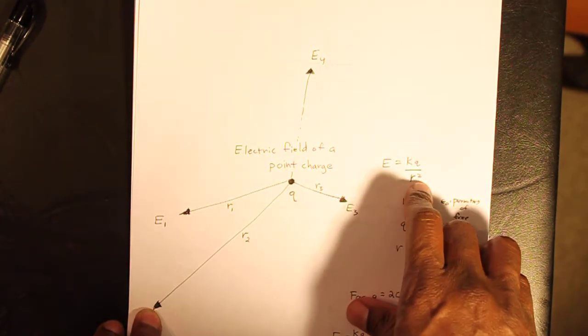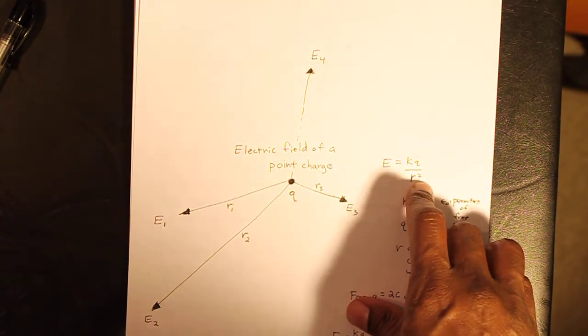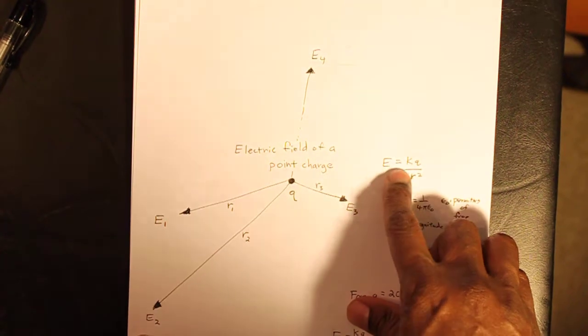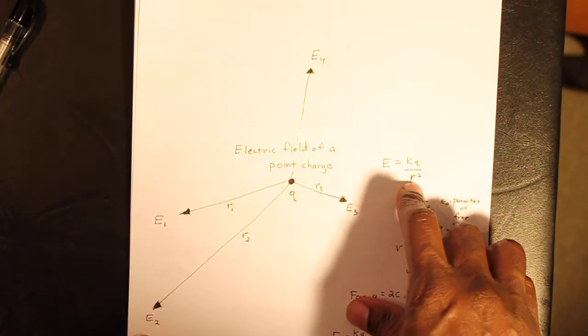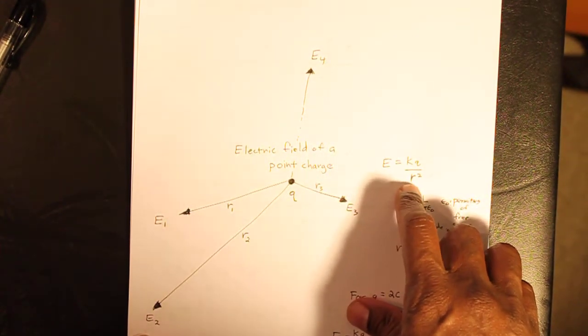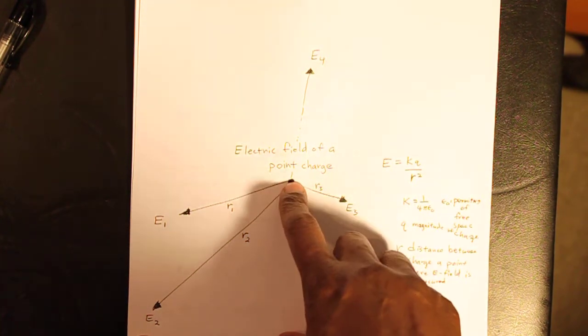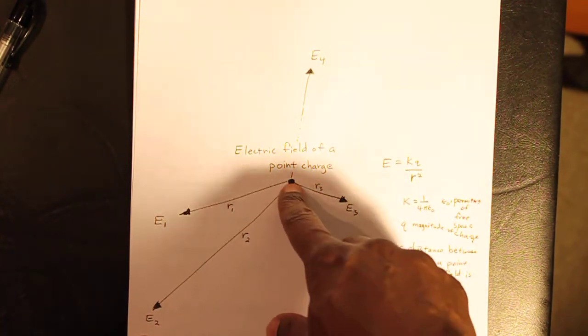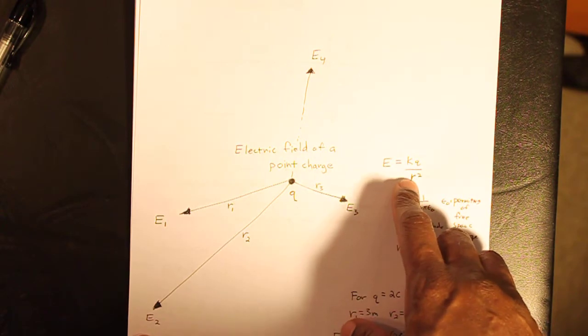Well, this equation actually describes the strength of the electric field, or the intensity of the electric field, as a function of position. More specifically, as a function of the distance from the particle Q, r. Okay?